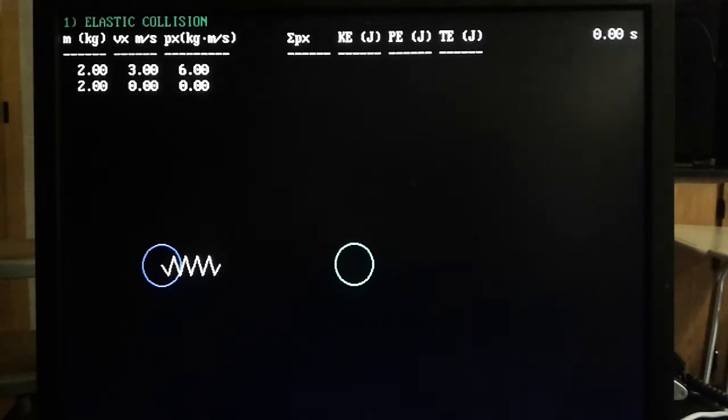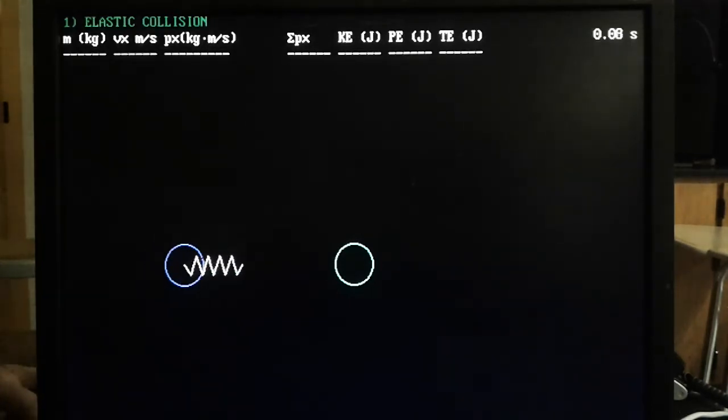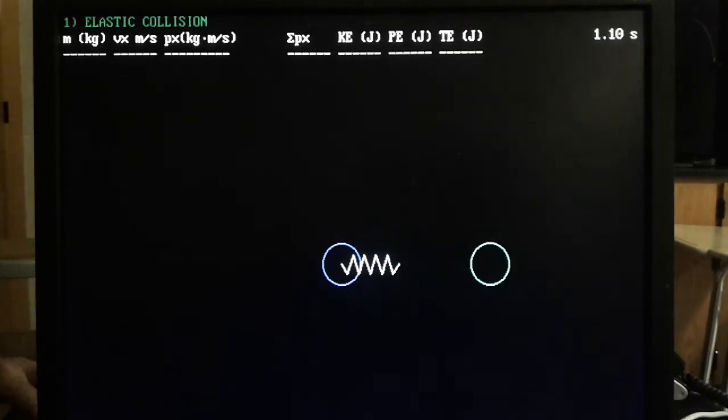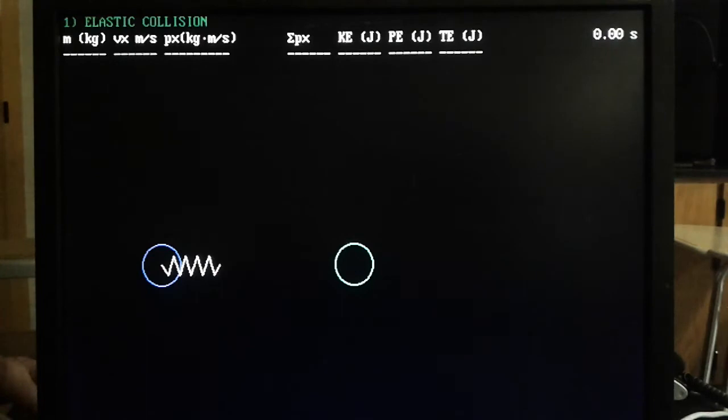Here we have an incoming ball with an elastic collision with another ball of the same mass. Can you do the math to prove the outcome?